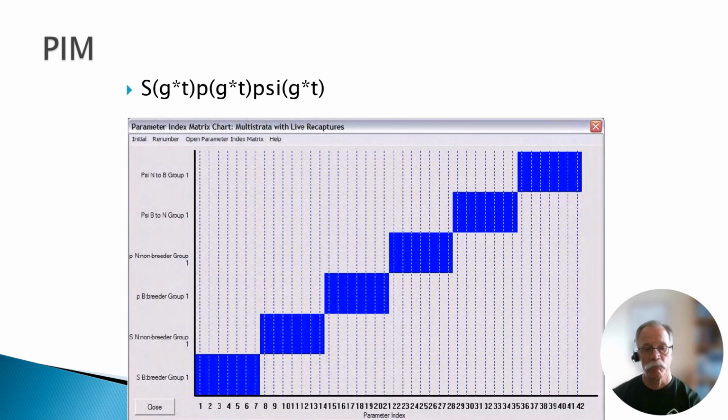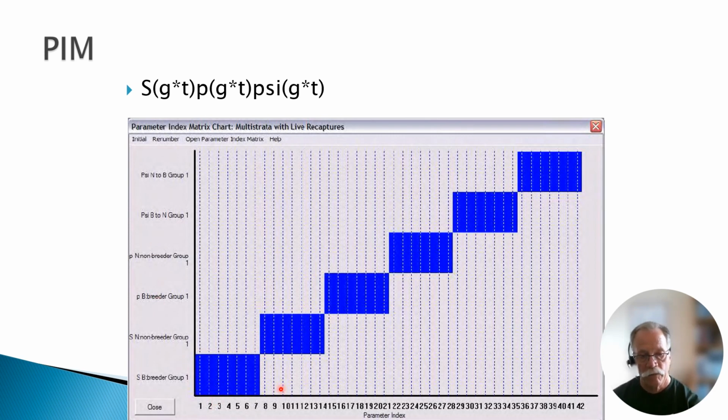And if we were to pull this into MARC and just look at the most general model, what you'll see along the y-axis here is 6 different groups, right? You'll have S for your breeders, S for your non-breeders, probability of recapture for your breeders and non-breeders, and then movement probabilities from breeding to non-breeding status.